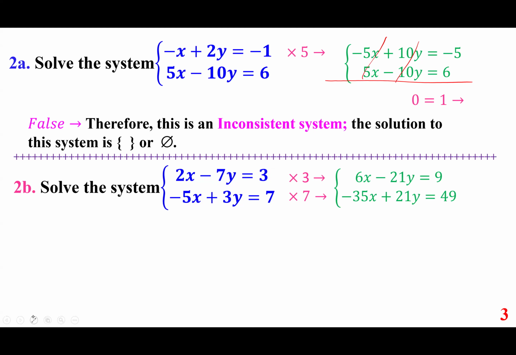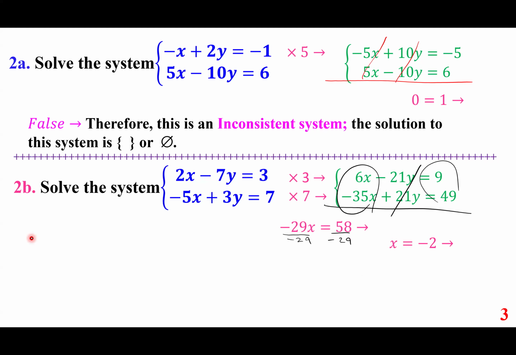And we add them up. These two cancel each other. These two add up to negative 29x. These two add up to 58. You divide by negative 29, x becomes negative 2.